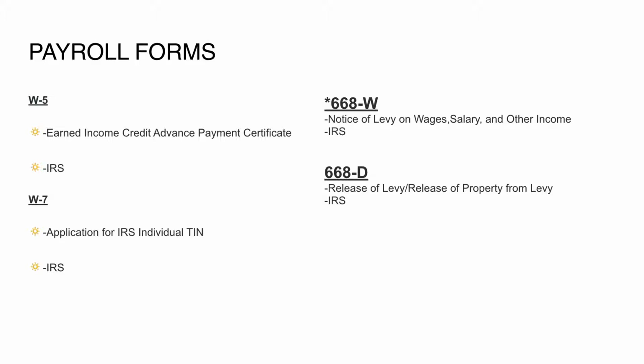That's the release of levy and release of property from the levy, reported by the IRS. Form 673, Statement for claiming exemption from withholding on foreign earned income, eligible for exclusions, provided by Section 911, reported to the IRS.